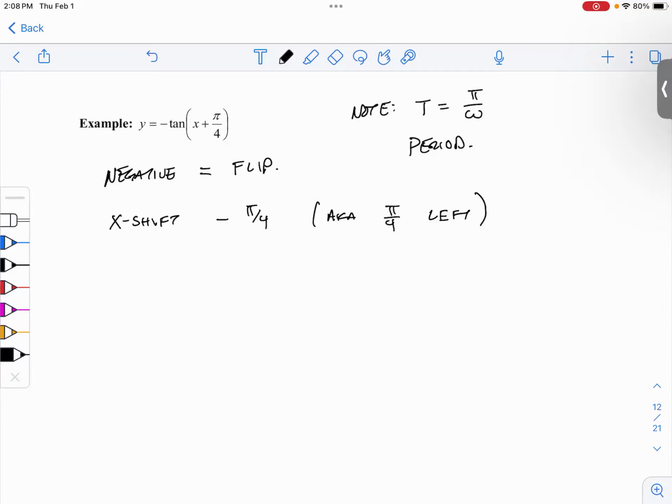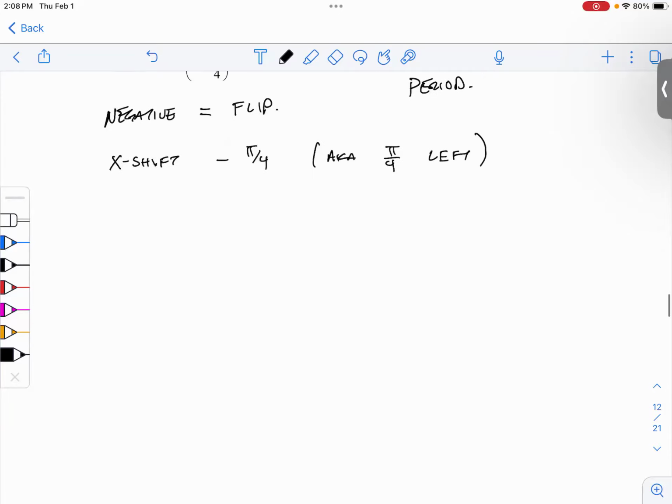What's also nice is that I don't have to work super hard to graph this. Instead of starting at 0, 0, there is no y shift, so I'm starting at negative pi over 4. And then I basically just have to figure out pi over 2 in both directions.